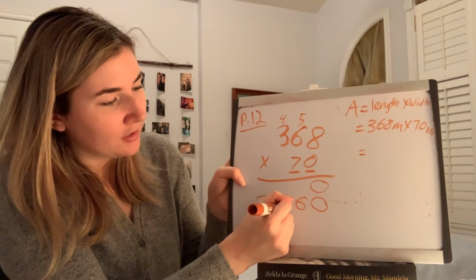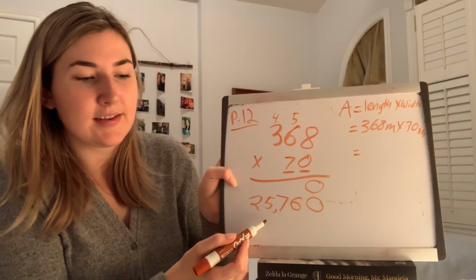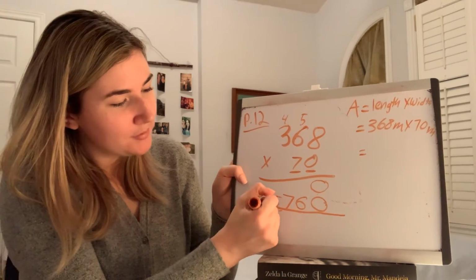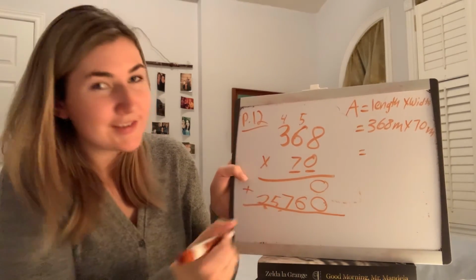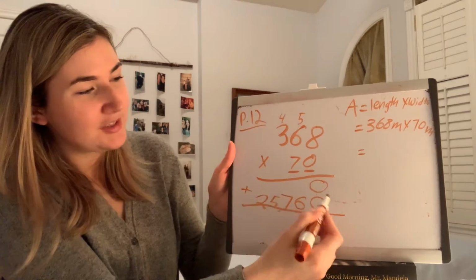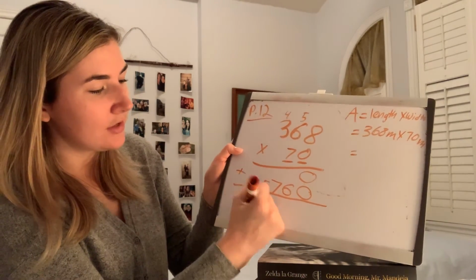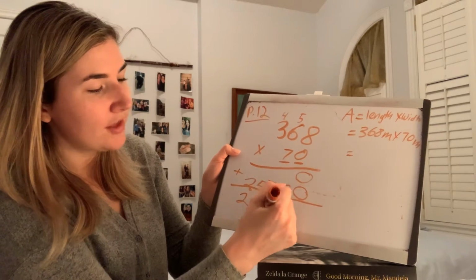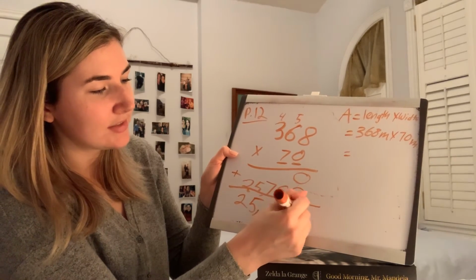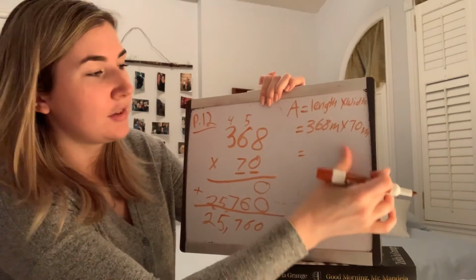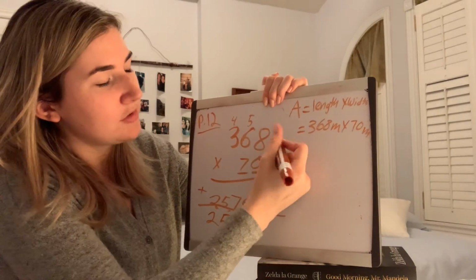And I'm going to put in our comma to represent that it's in the thousandths place. Now it's super easy addition here. We just need to add these two numbers together. So our last answer is 25,760. Now we need to rewrite this over here and make sure we include our units of measurement.